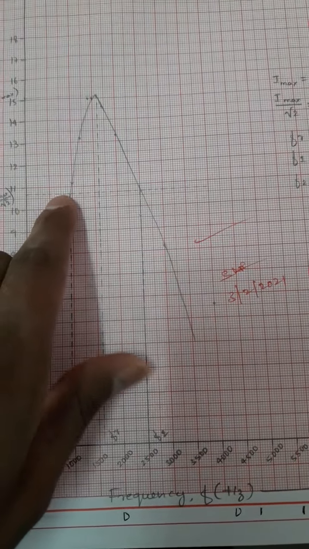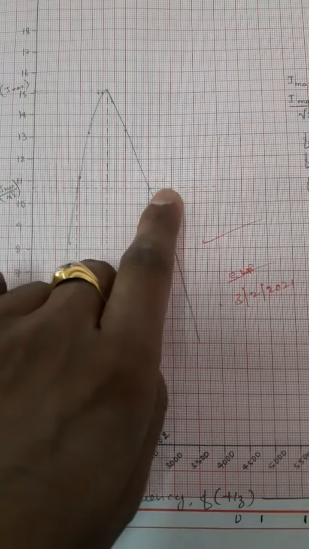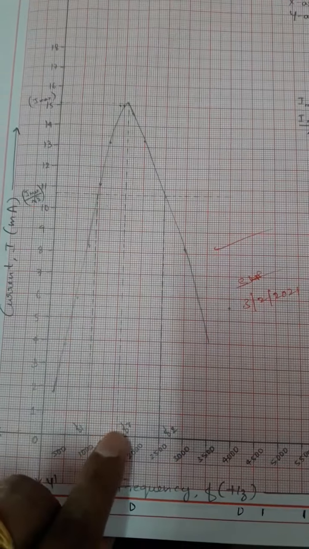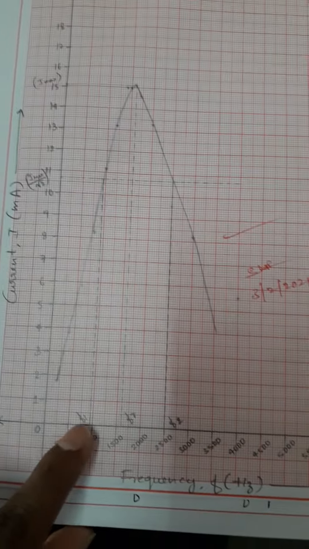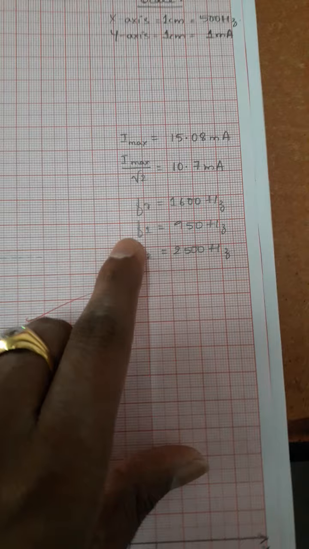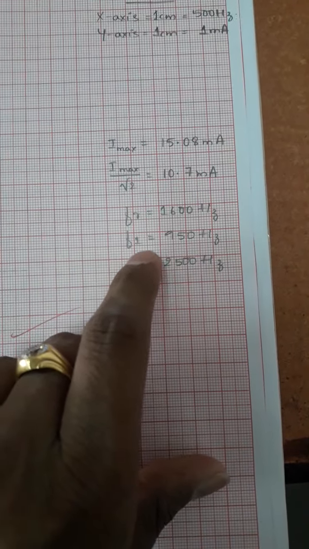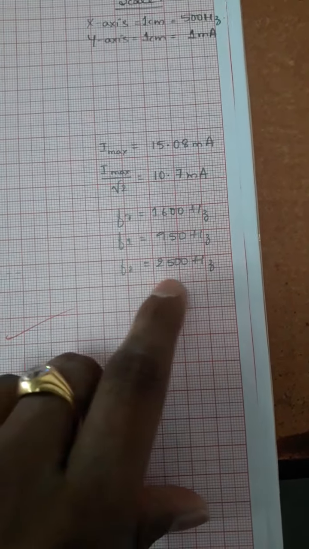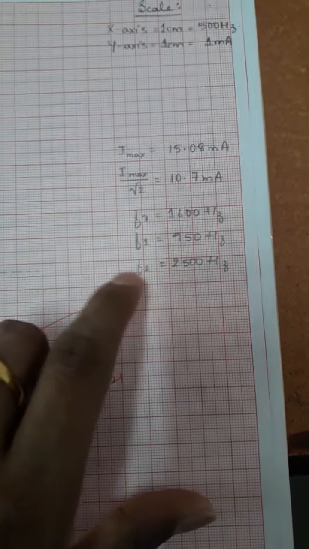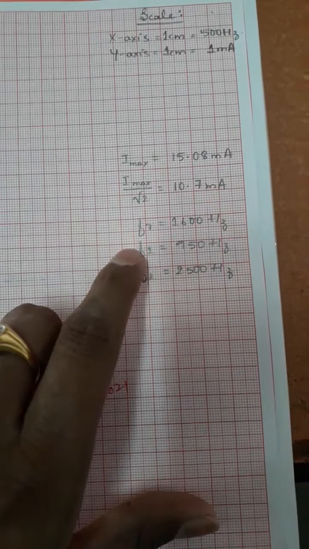That line cuts the curve at two points, either side of the resonance frequency, which are taken as F1 and F2. F1 is 950 Hertz, F2 is 2500 Hertz. F2 minus F1 gives the bandwidth.